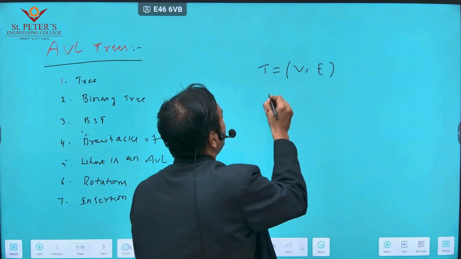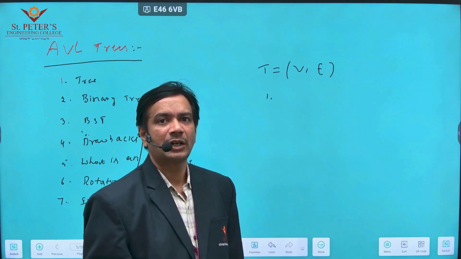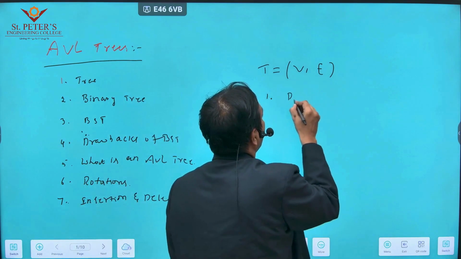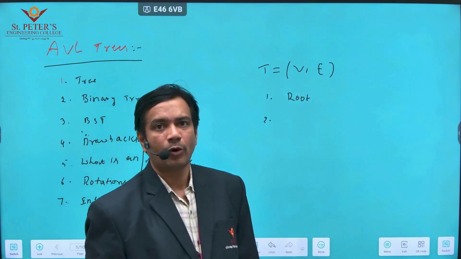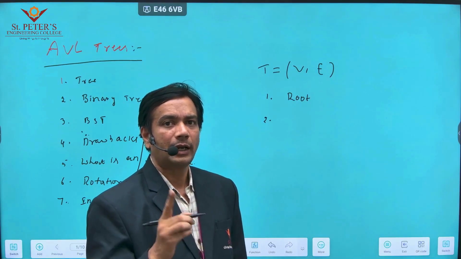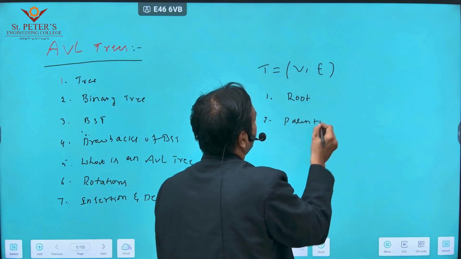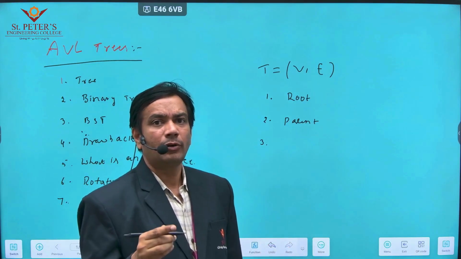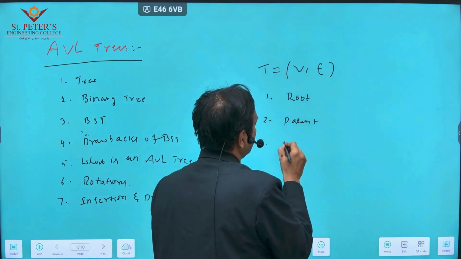The first property is that it contains a specially designated node, called the root node. The second is that every node except the root node has exactly one parent. And the third is that every node can contain at most two children.